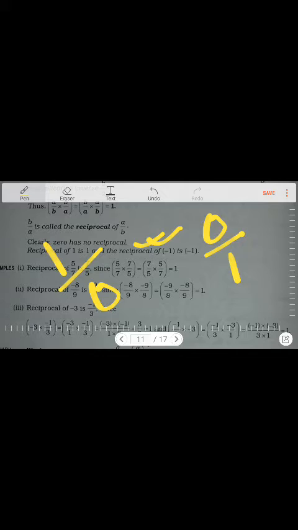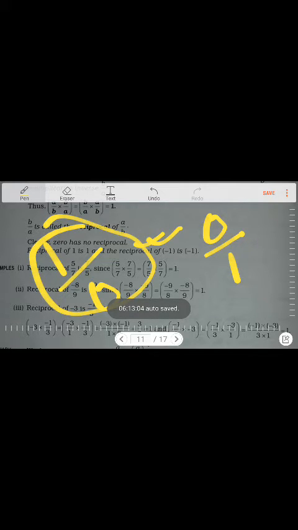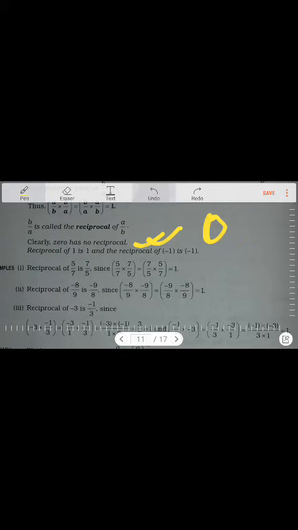It becomes 1 by 0, and 1 by 0 is indefinite. Something divided by 0 does not exist. So it is said 0 has no reciprocal. Reciprocal of 1 is 1, and reciprocal of minus 1 is also minus 1. If you multiply 1 into 1, you will get 1, and minus 1 into minus 1, then also you will get 1.